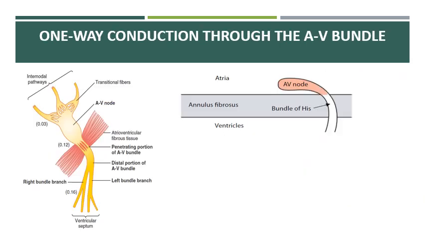The special characteristic of the AV bundle is that the impulses normally pass only from the AV node to the bundle of His, and the impulses cannot pass in the backward direction from the ventricles into the atria.